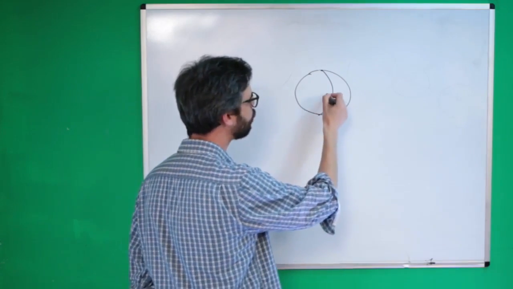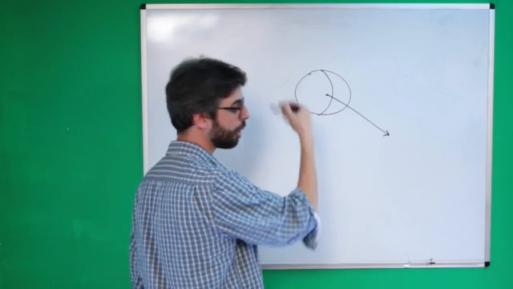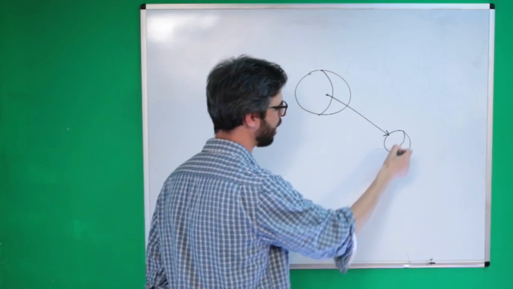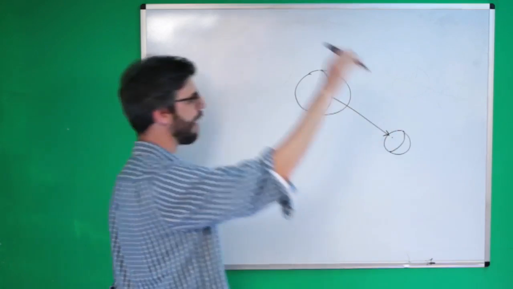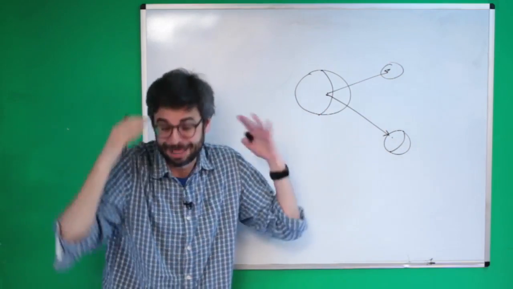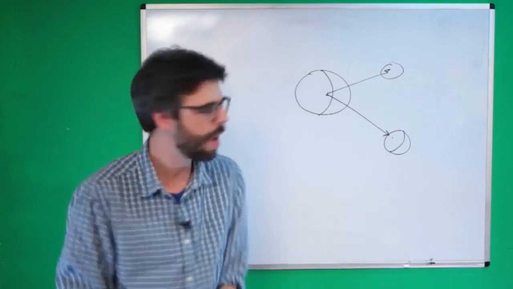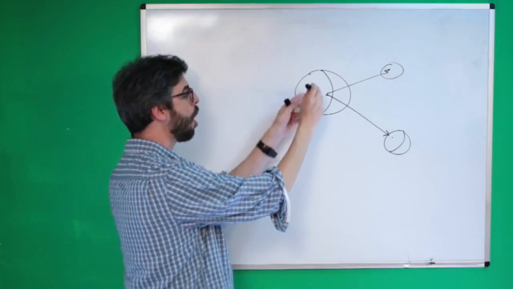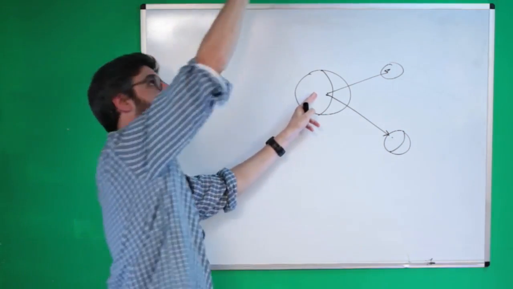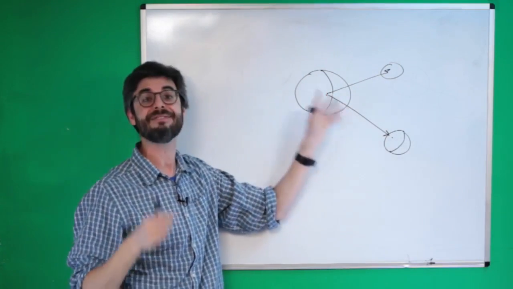But I want to arbitrarily create a vector out from a particular planet and create another planet and then maybe rotate around the planet. I'm drawing in two-dimensional space, so it's very hard to do, and I have no artistic talent whatsoever, so I can't even really draw this well. But you can sort of imagine, I want to arbitrarily place a planet out here and have it rotate like this, or one out here and have it rotate like this. So the idea is that I want to make a random vector. So let's do that.